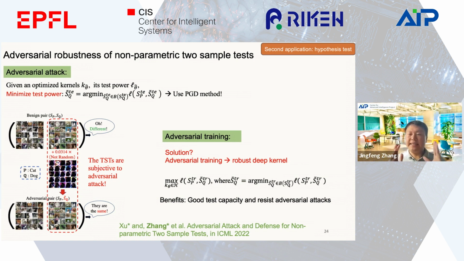For its realization, we iteratively generate the adversarial pairs by minimizing the test power in inner minimization and update the kernel parameters by maximizing the test power on the adversarial pairs in outer maximization. Therefore, we can obtain the robust kernel. And two-sample test with a robust kernel can resist against adversarial attacks while maintaining the good test capacity.